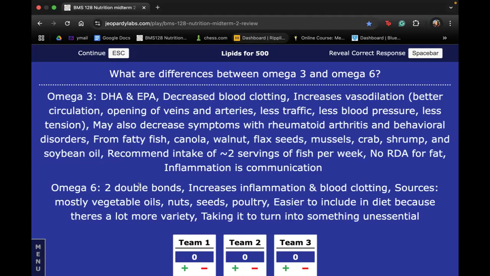Yeah, and because of this one chemical molecular change, they have completely different characteristics. Omega-3 decreases blood clotting, increases vasodilation, and also decreases symptoms of rheumatoid arthritis and behavior disorders. It's in fatty fish, canola, walnuts, flax seeds, mussels, crab, and a bunch of fish.